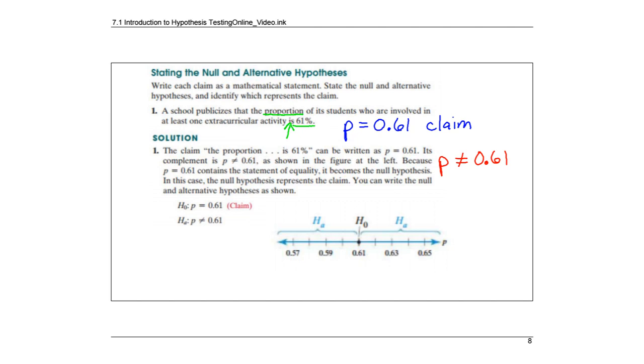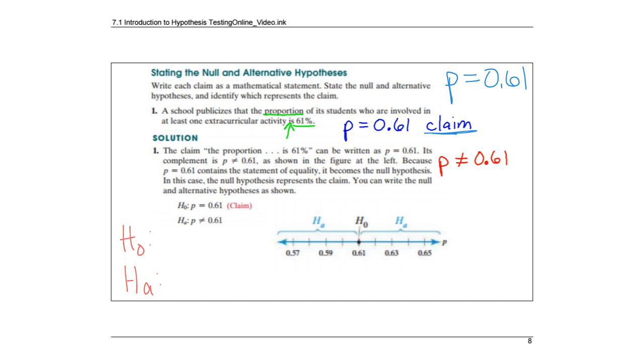We've got a school that publicizes that the proportion of its students who are involved in at least one extracurricular activity is 61%. Okay, so the proportion is equal to 61%. We're going to change that to a decimal. And that is my claim. So now we want to set up the hypothesis. We have a null hypothesis and an alternative.